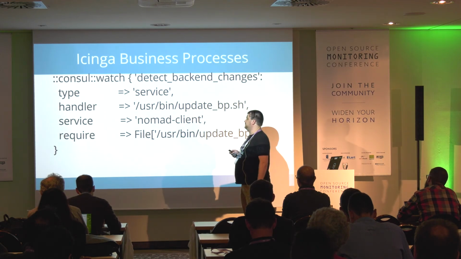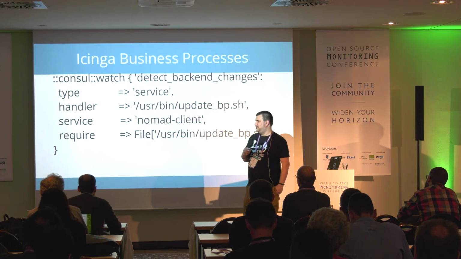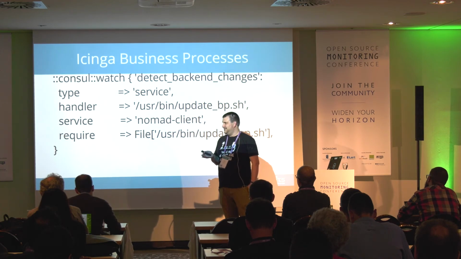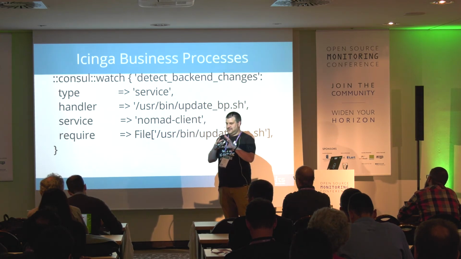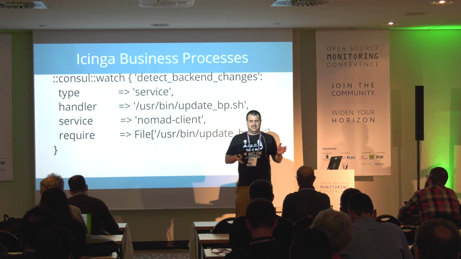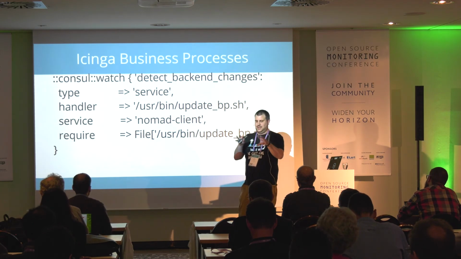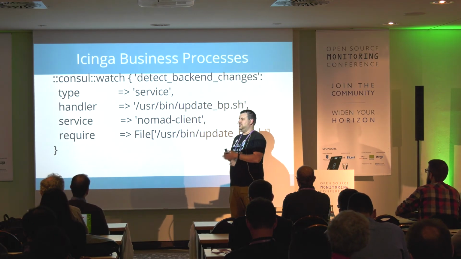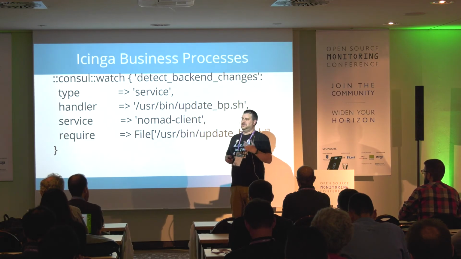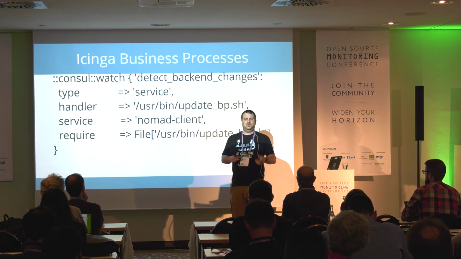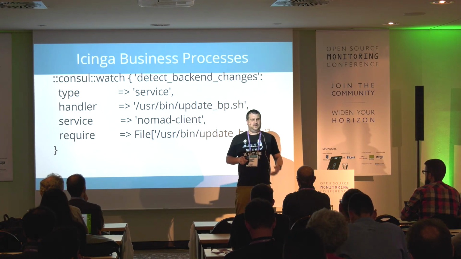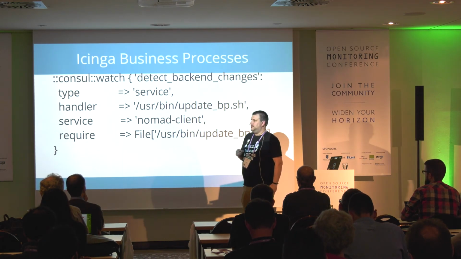In my case, I'm also a big fan of the Icinga business process. It's basically the squares, partly a management portal, but a summary of the underlying services. I don't need to show a big matrix of all the nodes, and if they're all green, I just want to know, is my service up or not?